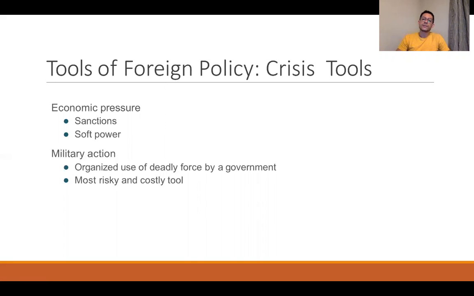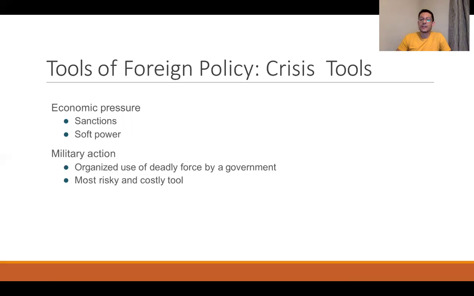And soft power refers to just diplomatic ways of making deals or not making deals with other countries with regard to economics, and to try to, for example, form coalitions of countries in order to instill economic pressure on an antagonist.